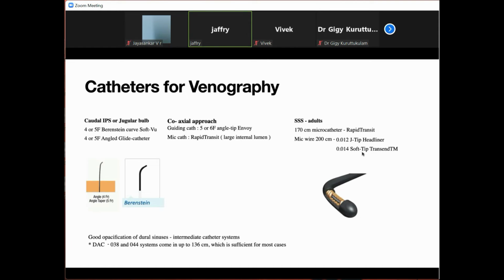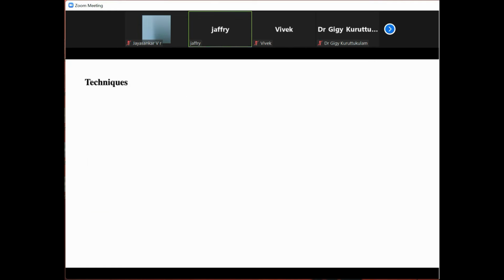So when we give contrast, the contrast will move towards the heart, and we may not be able to see what we intended to see. So it is better to have an arterial access, inject the contrast, then wait till the venous flow, and we can estimate the amount of clot, and then further plan the negotiation of the hardware.